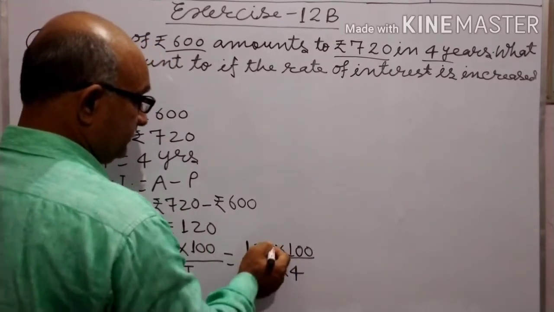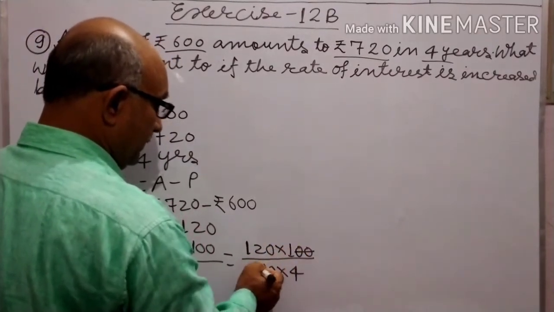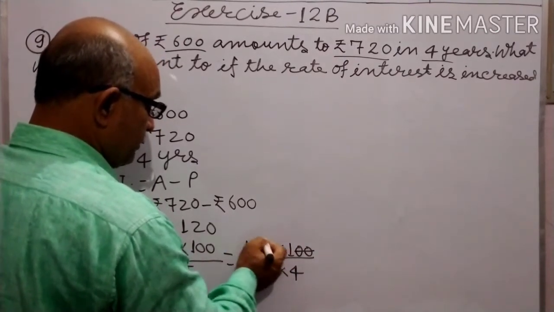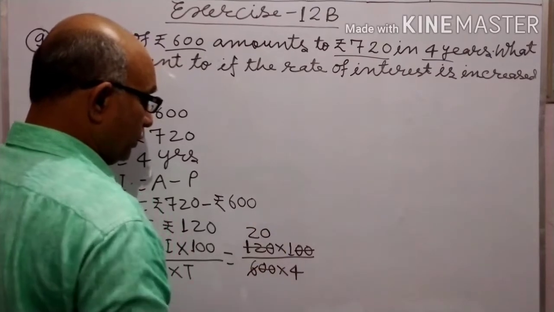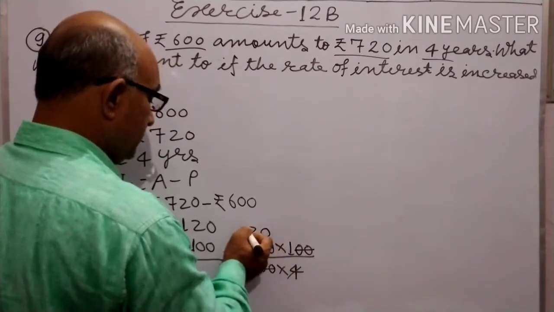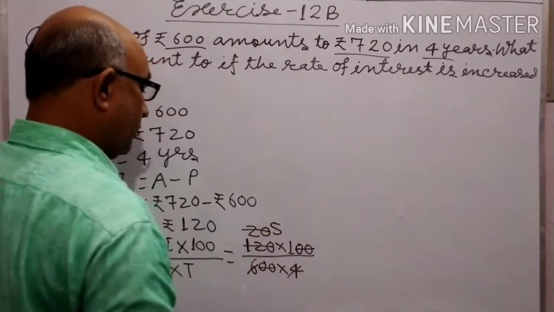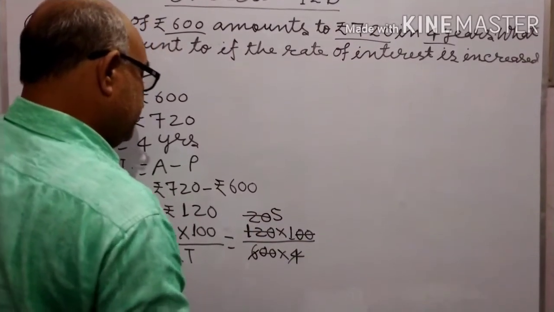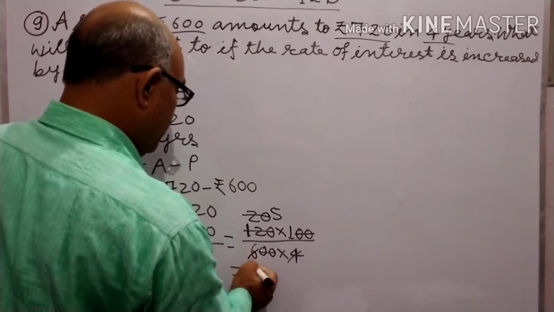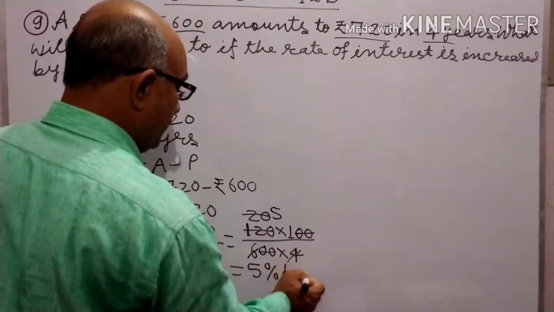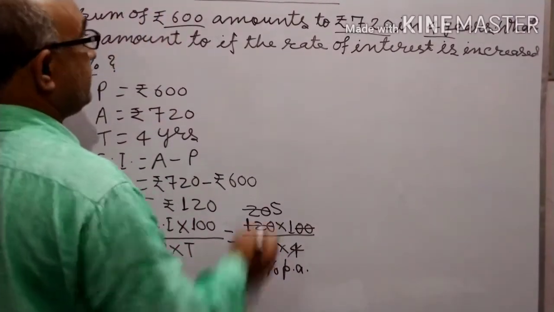Now divide 00 to 00. 6 2s are 12, 20, and 4 5s are 20, equal to 5% per annum is the rate.